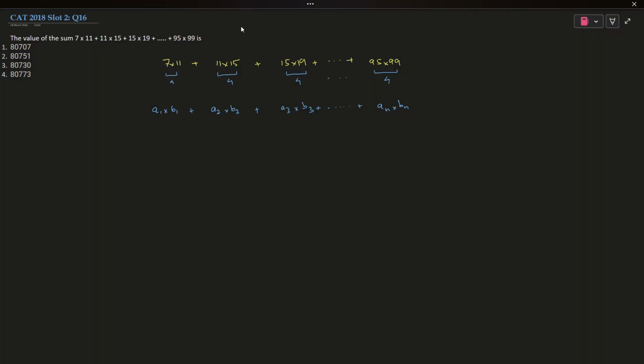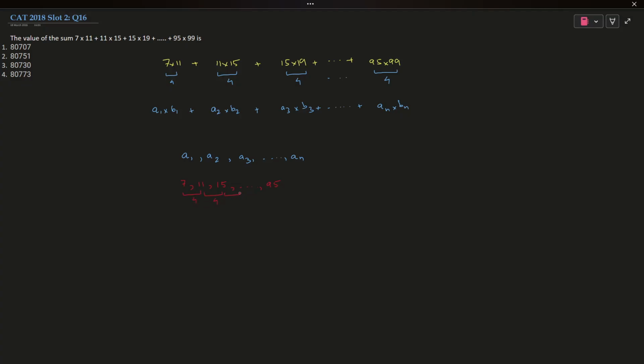Now if you look at the terms a1, a2, a3, dot dot dot till an, are these terms in AP? Check carefully. A1 is 7, a2 is 11, a3 is 15, dot dot dot till an, which is 95. The terms are increasing by a difference of 4.